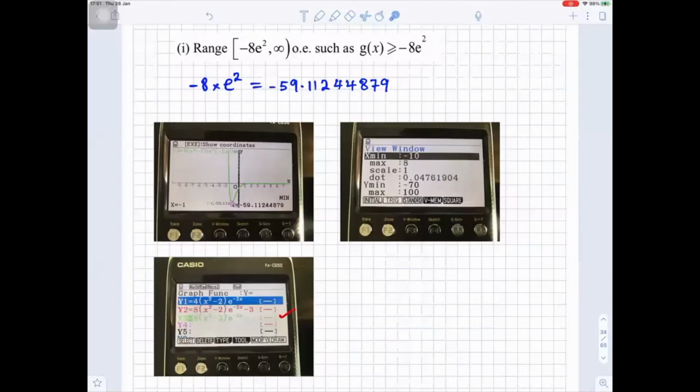Also, these are other ways. Minus 8 times e squared is minus 59.112. So when x is minus 1, you get minus 59.112, which is that. And that is how you put the view window to see it clearly. And these are the graphs which are put in the Casio calculator. So this number there matches with that, and that is when x is minus 1.